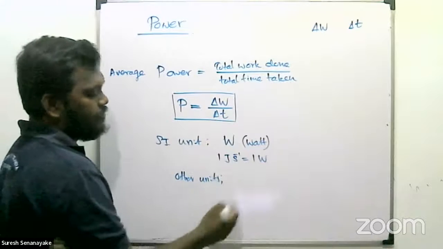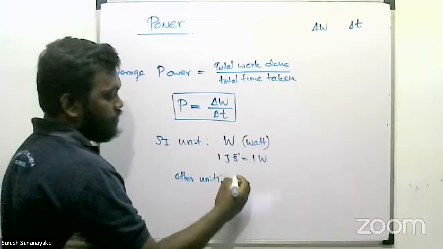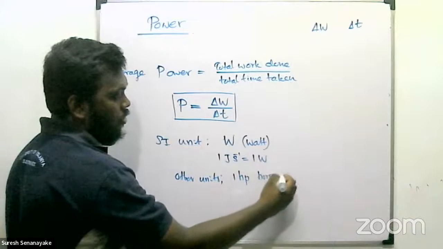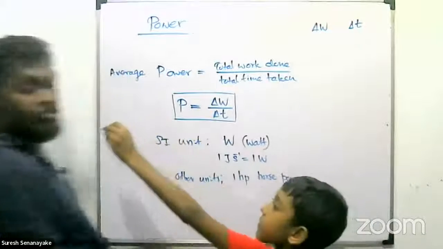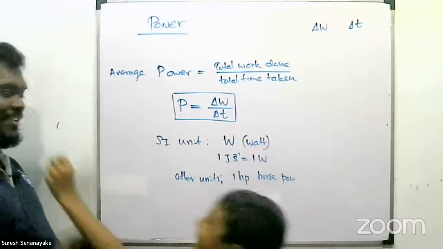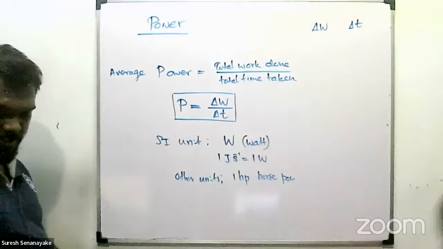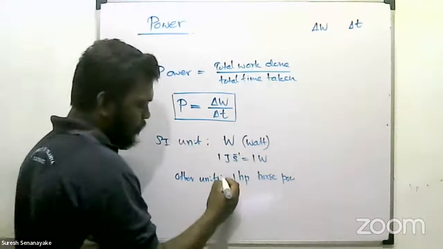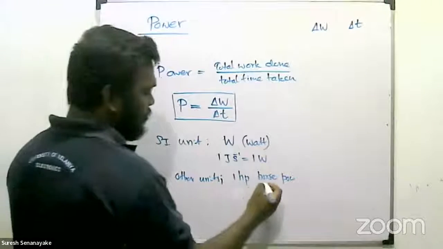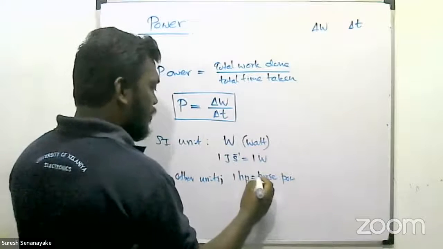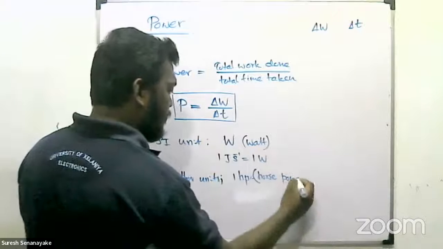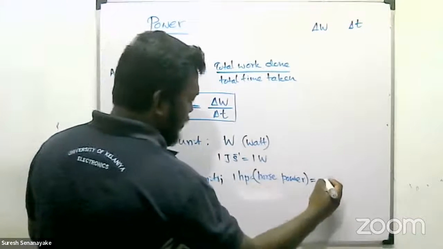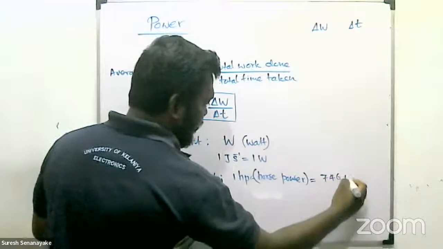The other unit you can use is the horsepower, HP. 1 horsepower equals 746 watts.